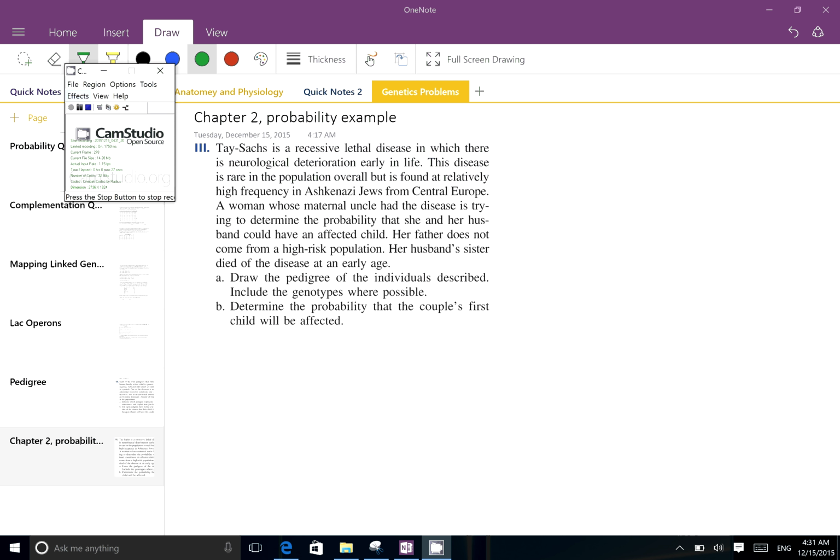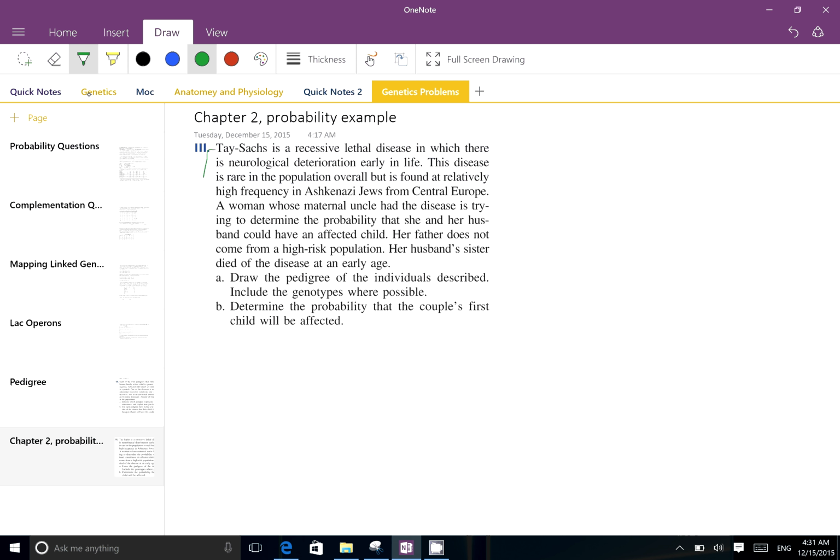So the first part of the question up to here gives you general information, and then the question starts here. They tell you about a woman whose maternal uncle has a disease. Usually when they start, they tell you about the couple. So here's our couple, and then they tell you something about her maternal uncle.